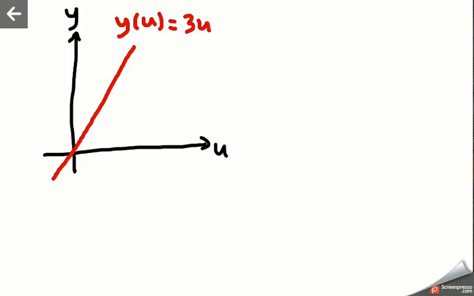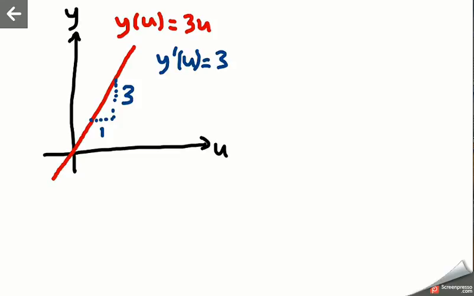And of course, we know from the section on lines that this means as u increases by 1 unit, not by u units, y increases by 3 units. And that's true for any u we like. So that tells us that y prime of u is equal to 3. And it doesn't matter what value of u we choose.